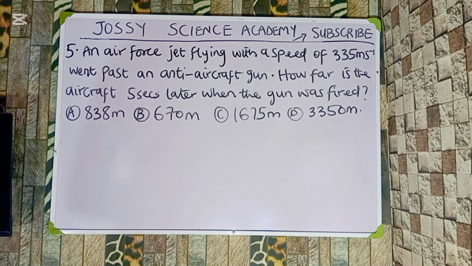An Air Force jet flying with a speed of 335 meters per second went past an anti-aircraft gun. How far is the aircraft 5 seconds later when the gun was fired? Option A, 838 meters. Option B, 670 meters. Option C, 1675 meters. Option D, 3350 meters.